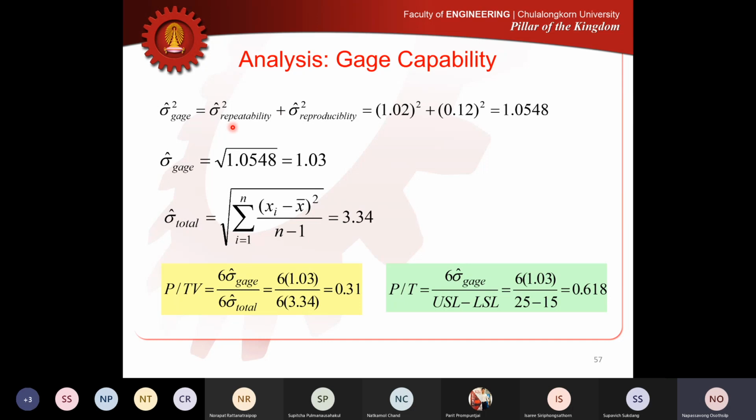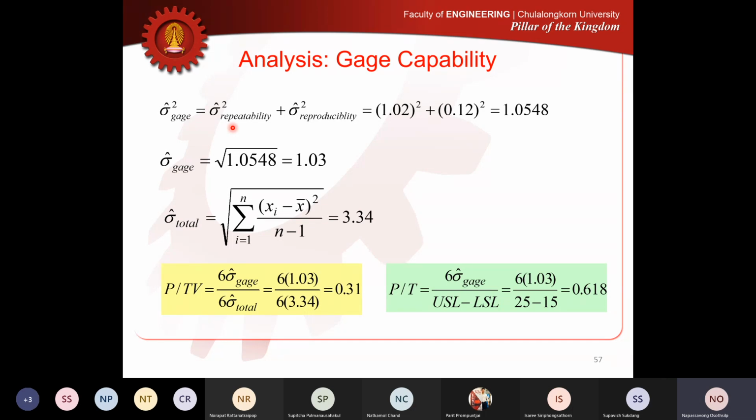And we have to find out the cause. The reason why, when we measure by the same operator on the same part at different times, it differs too much. So you have to check the understanding of each person about the criteria and the method for measurements, or you can check the precision of the gauge.